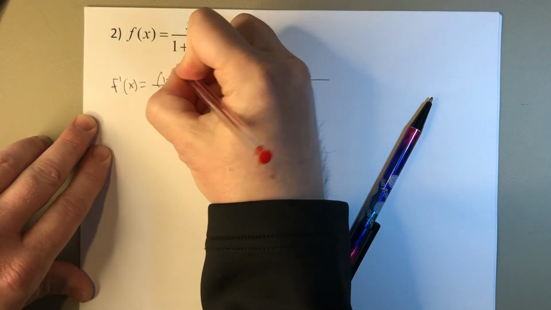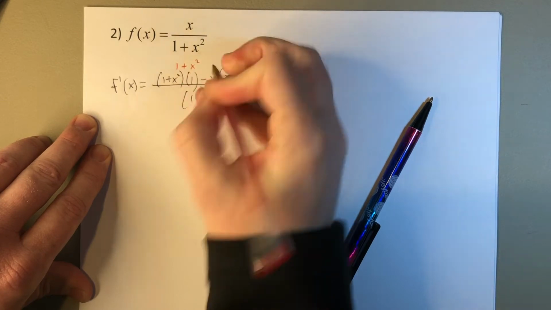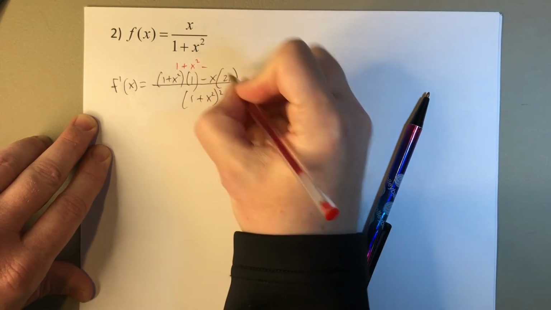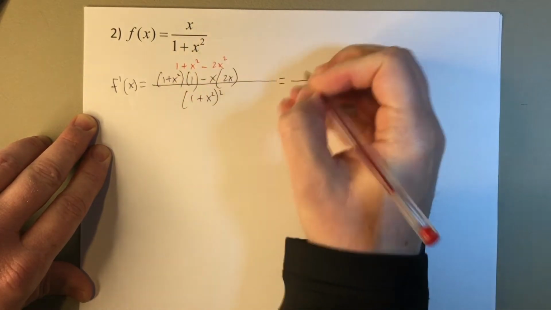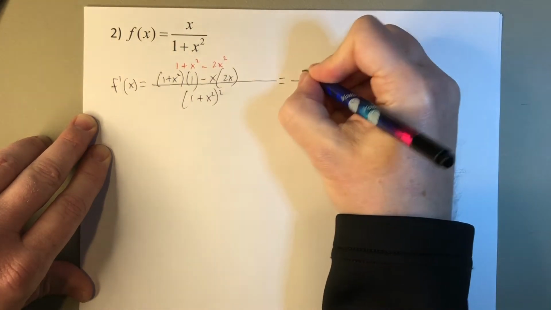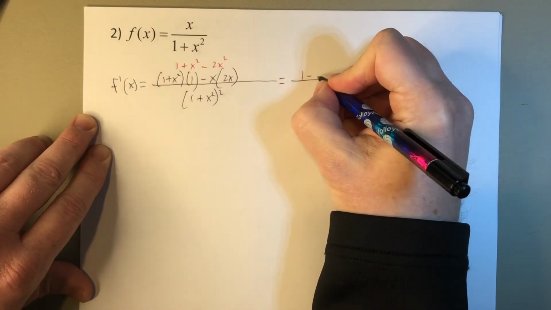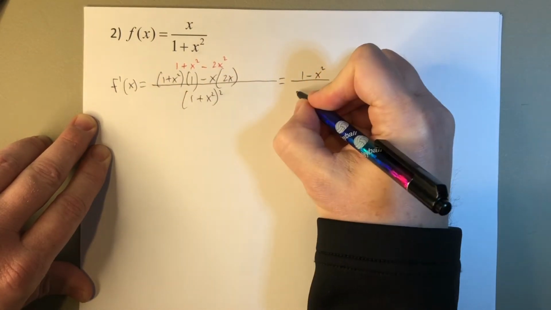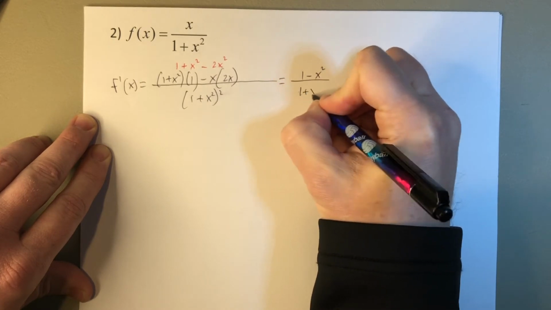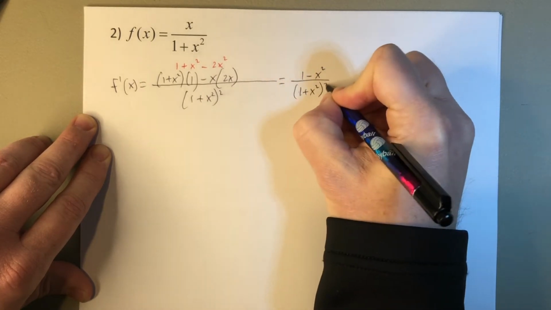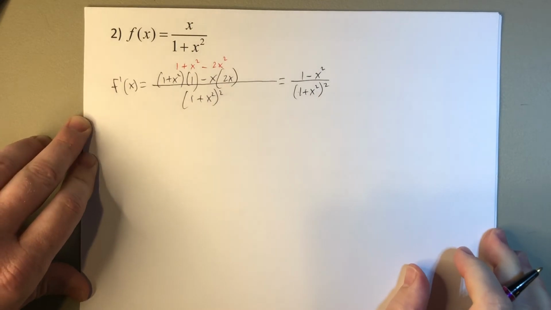So we get 1 plus x squared minus 2x squared. So this would be 1 minus x squared on top, all over the quantity 1 plus x squared, squared. There's our first derivative.